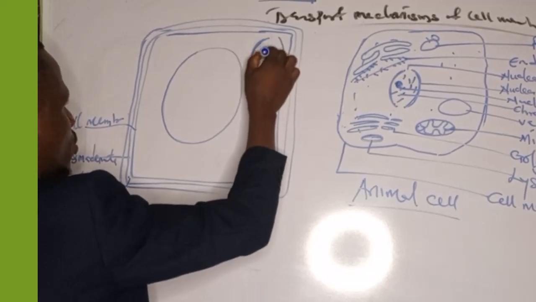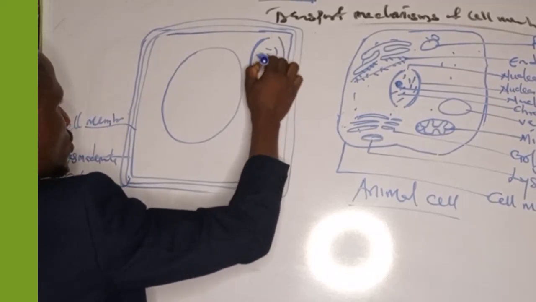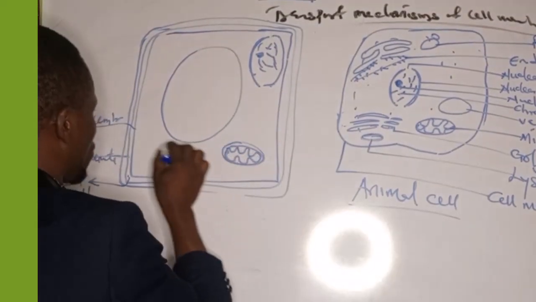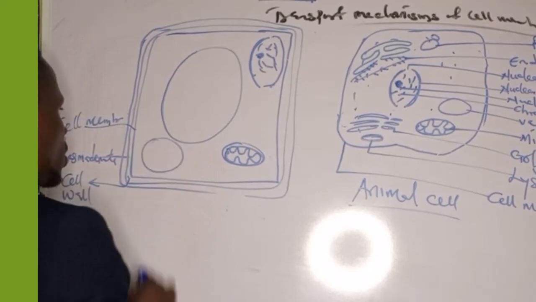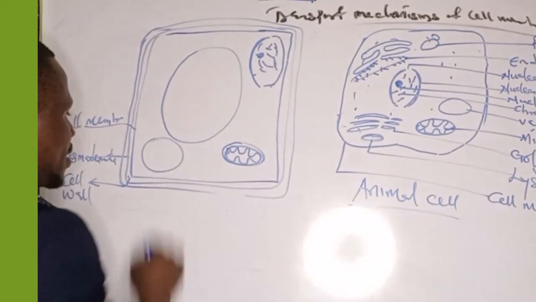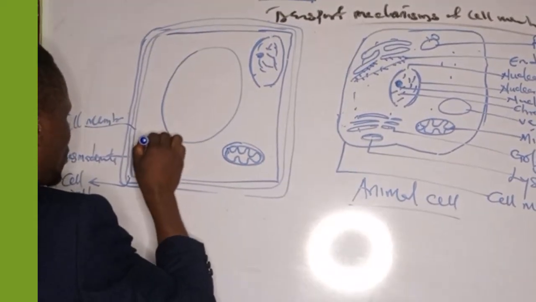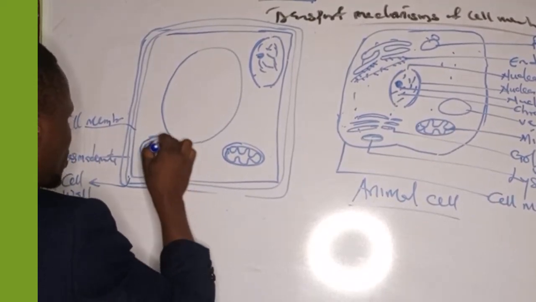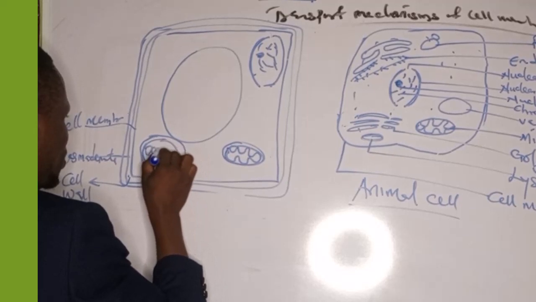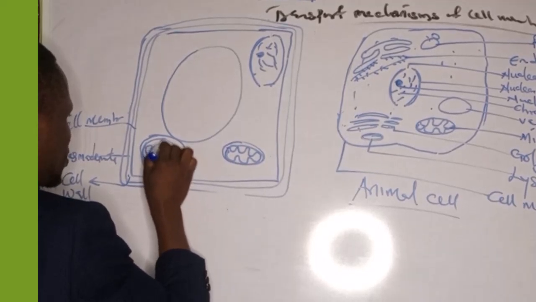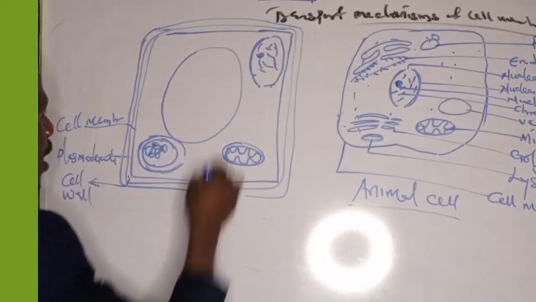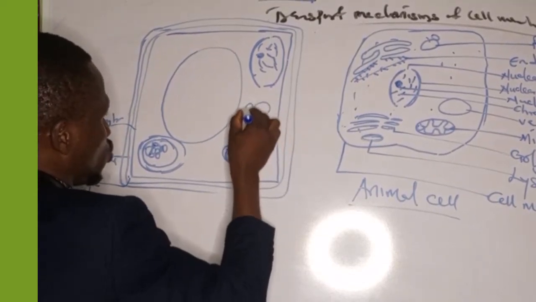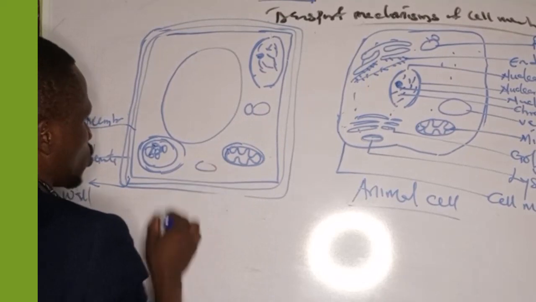You draw your nucleus structure. You draw your mitochondria. You draw your circular part again, which is the chloroplast. Make it double membranes so that we know it's a chloroplast, and put the thylakoid membranes. You draw your lysosome, your ribosome.